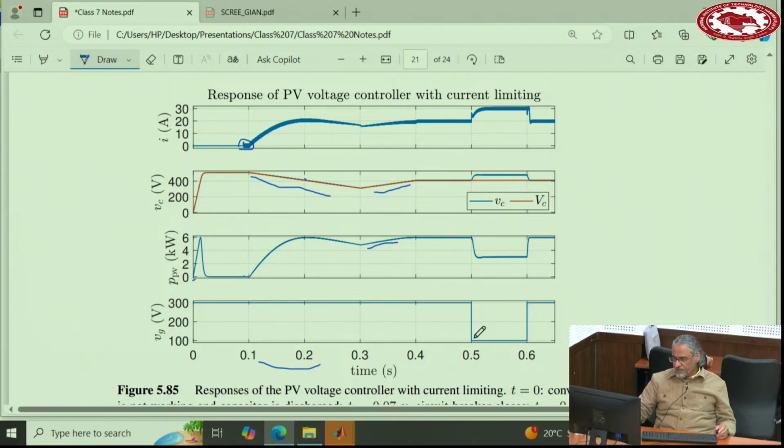So what happens is that this huge amount of power, which is about 6 kilowatt, right, is coming from the PV. And then the grid voltage goes down, so it generates a huge amount of current. But the converter limits that current. As a result, the capacitor voltage starts going up.